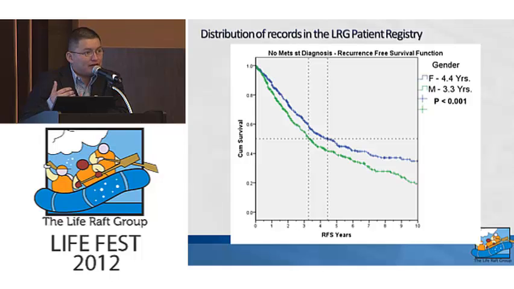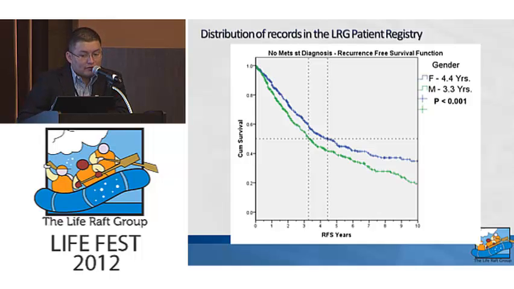Now remember, this is just an estimate based on the information that we have in the patient registry. You could be anywhere in this line, probably at one extreme or the other. It could be that you are recurrence-free for 10 years, or it could be that you are recurrence-free for 2 years. So it all depends on different factors.